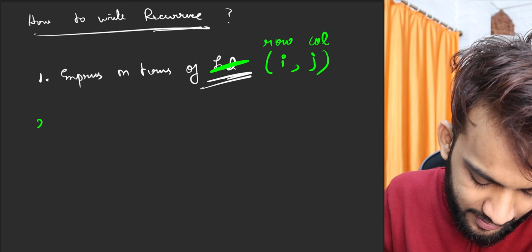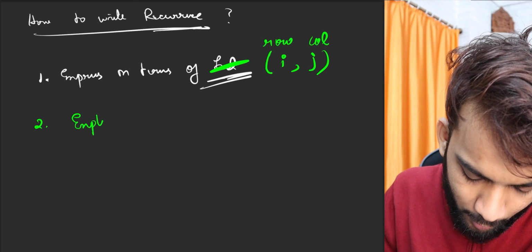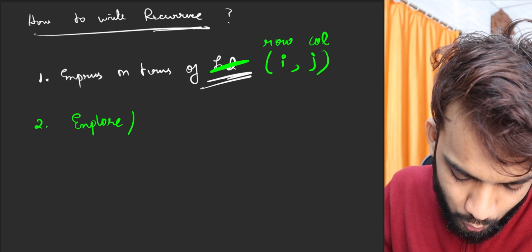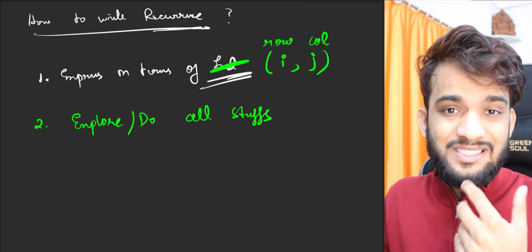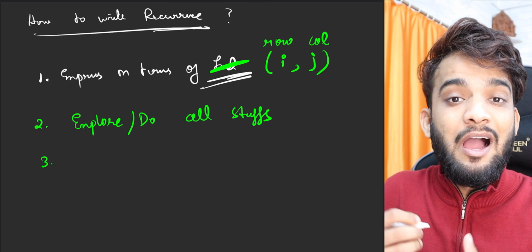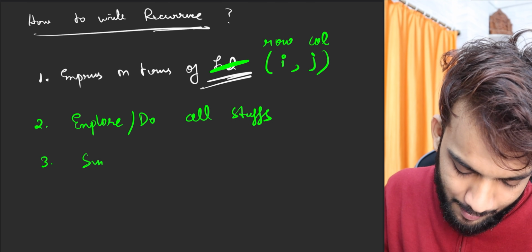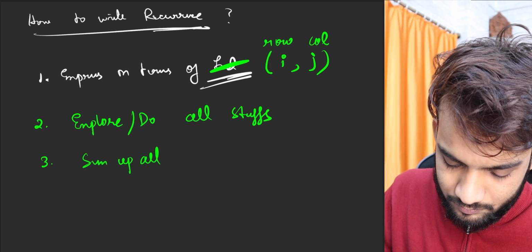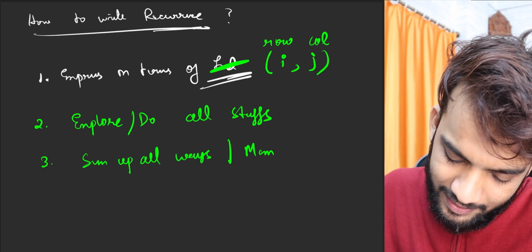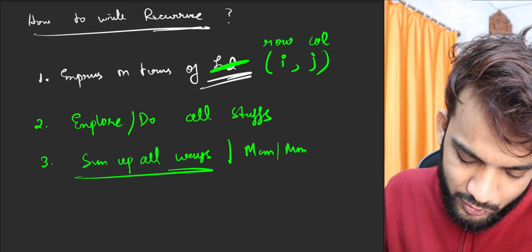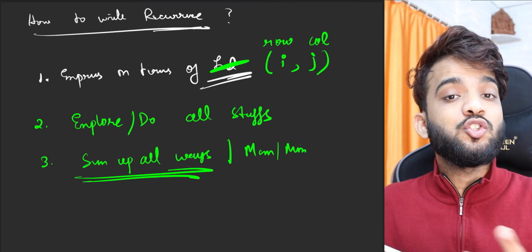Next, explore all paths or do all stuffs, whichever you call it. The point number 2 stays the same. If I'm counting, always sum up. If I'm looking for max or minimal, I'll take the max or minimal. Depending on the question, if you're being asked to count all the ways, you sum up all the ways.